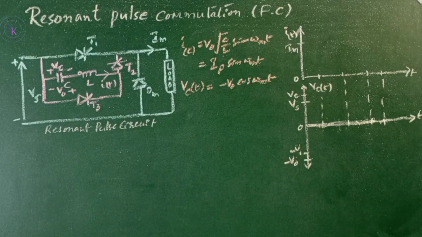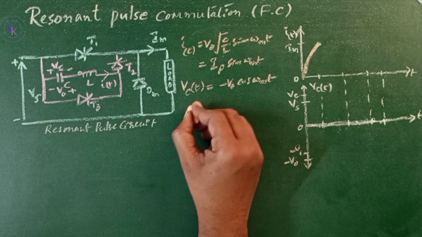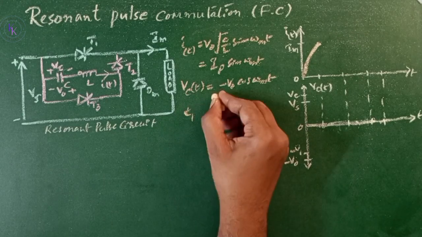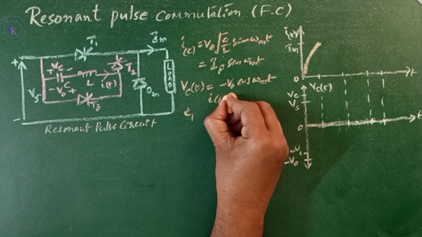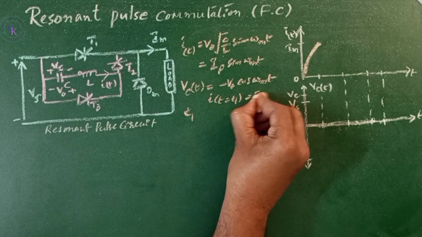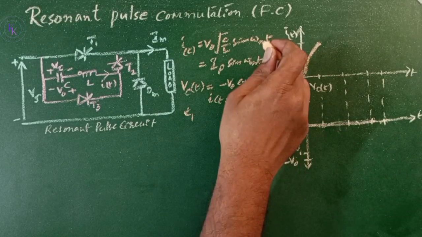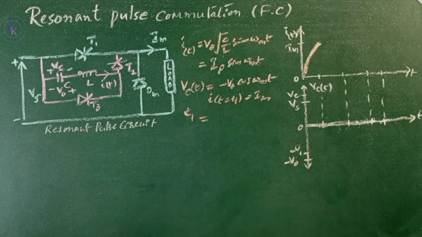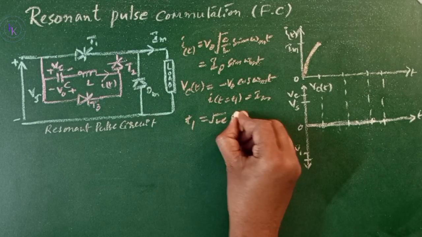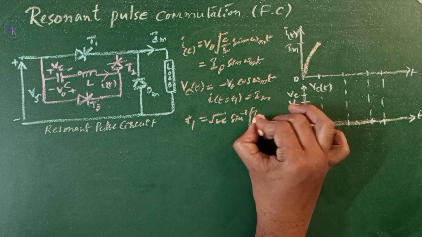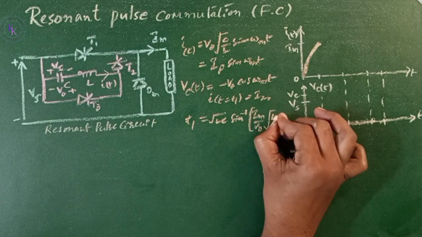Due to this resonant current, the forward current of thyristor T1 is reduced to 0 at t = T1, when the resonant current equals the load current Im. The time taken T1 can be found using the condition that I at t = T1 equals Im. Substituting this in the above equation, we get T1 = √(LC) sin⁻¹(Im / (V0 √(L/C))), where ωm = 1/√(LC).